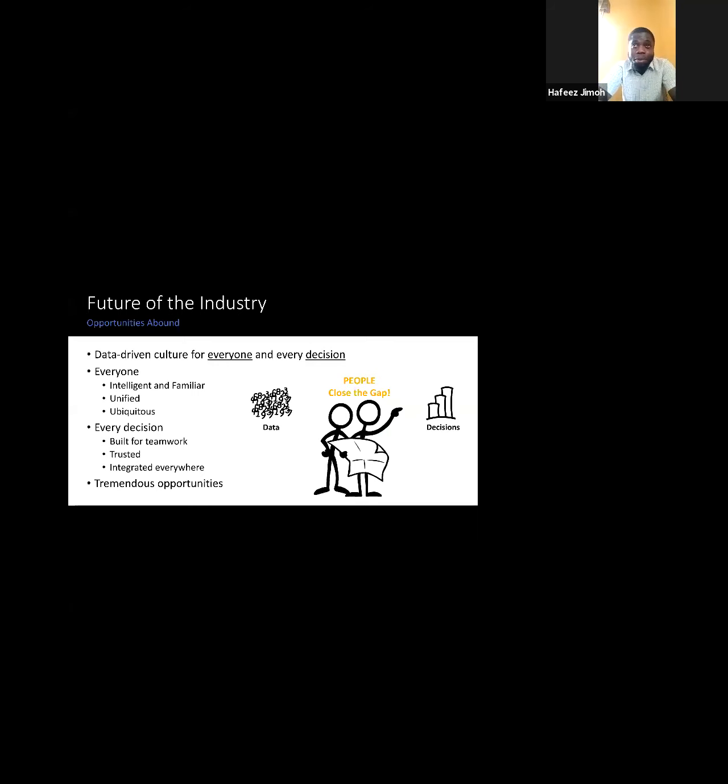For example, NCDC. These people work with COVID data in Nigeria and all the other related diseases. A lot of people work there. They don't call themselves data analysts. They call themselves epidemiologists. They study the spread of disease in a population.